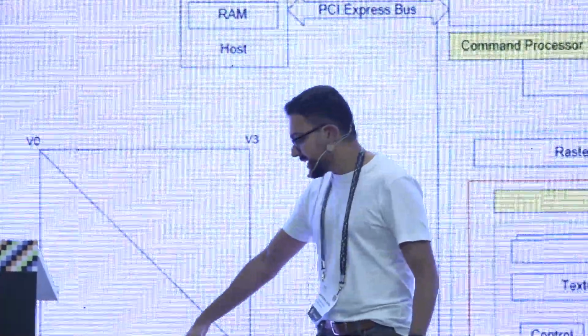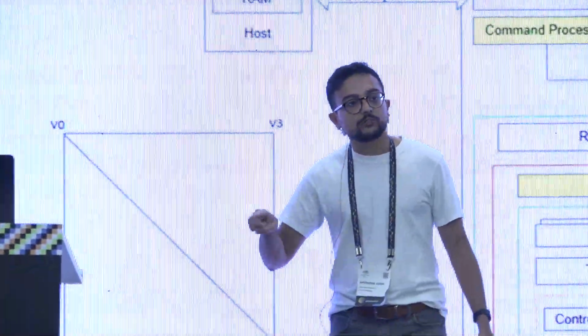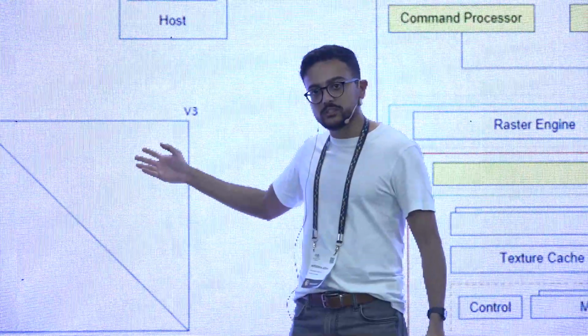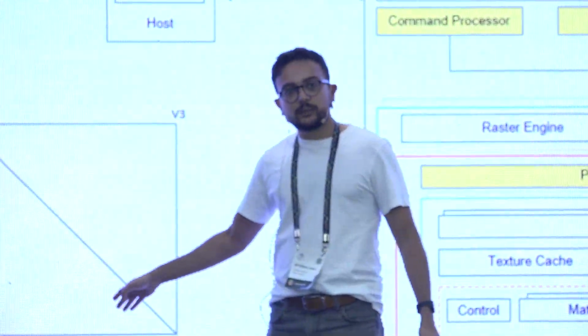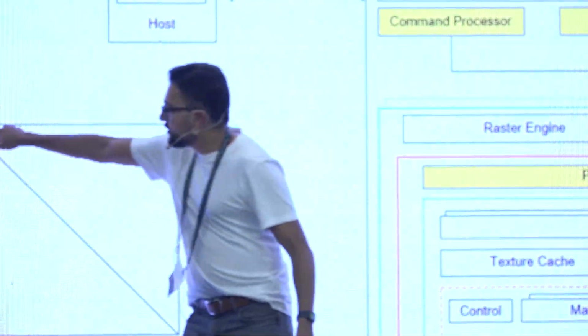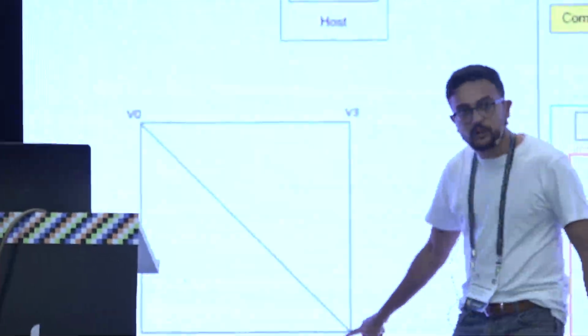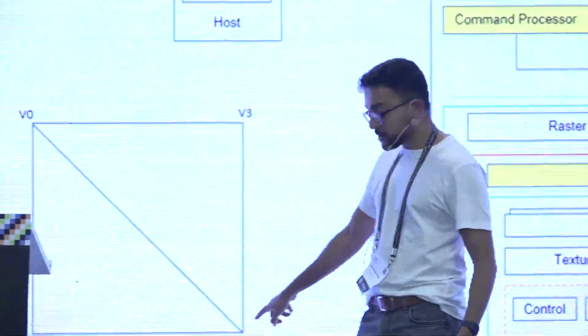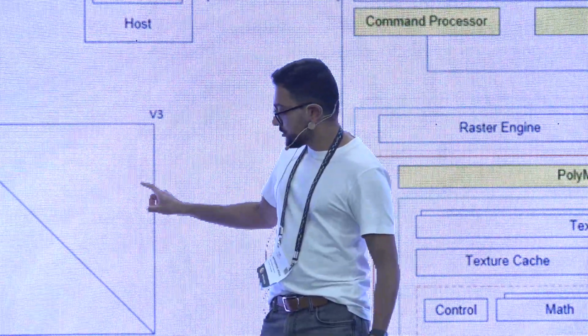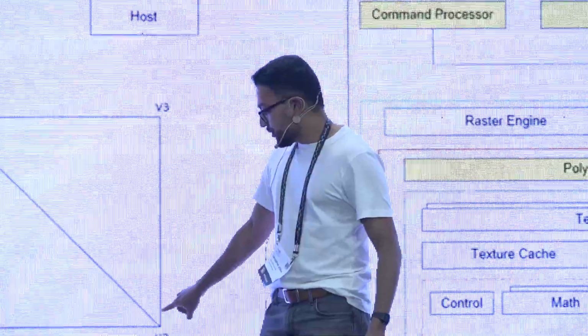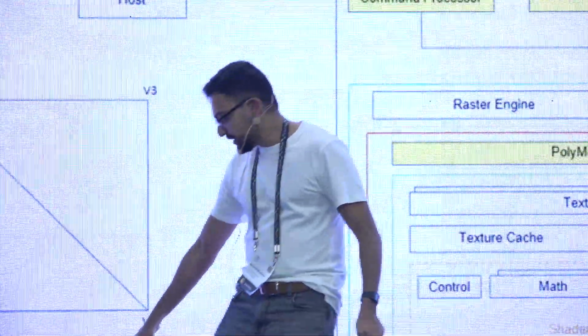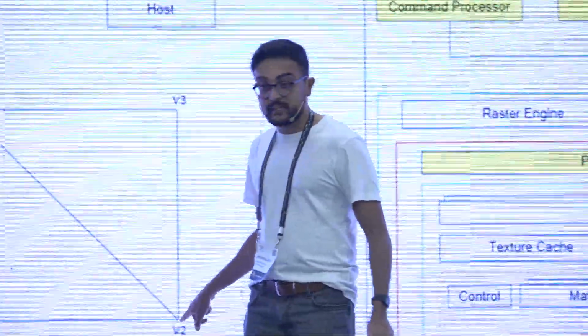And then there's the index buffer, which states how triangles are formed from these vertices. The reason these are separated is because this vertex and this vertex are special. They're shared across triangles, right? That data would need to be duplicated if we didn't have an index buffer. You would have to repeat that data.